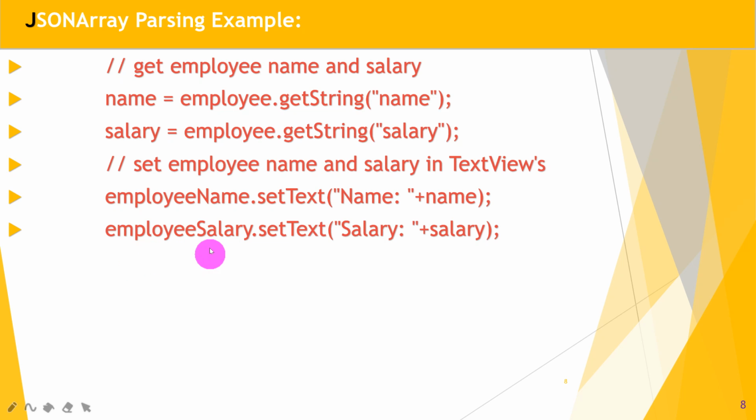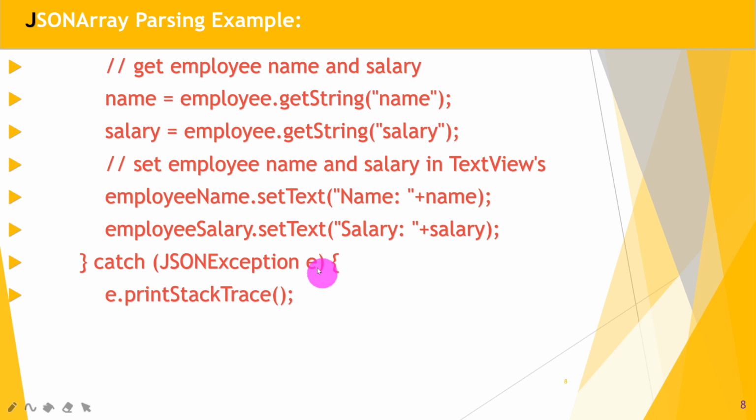Similarly for the employee salary, using which method? The setText method. Great. After that, complete your try catch block, catch the JSONException class instance, and if it raises any error, then print it using e dot printStackTrace.